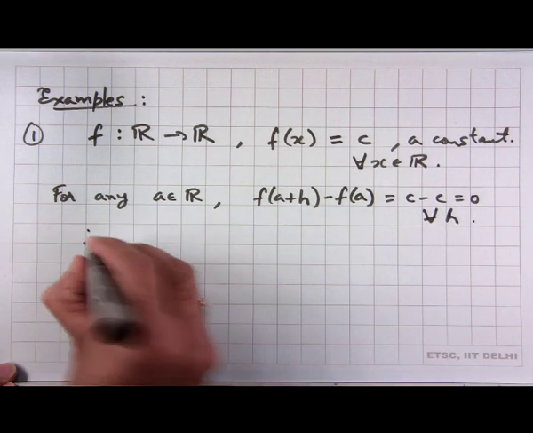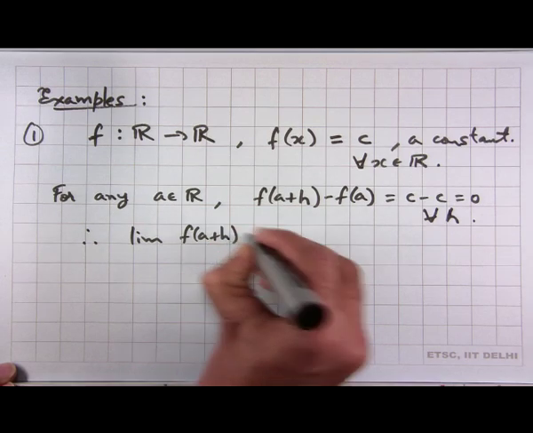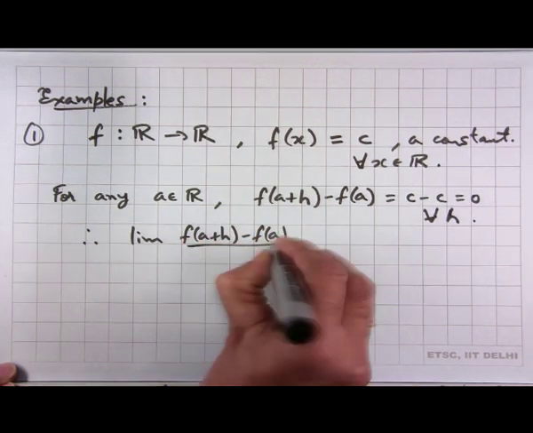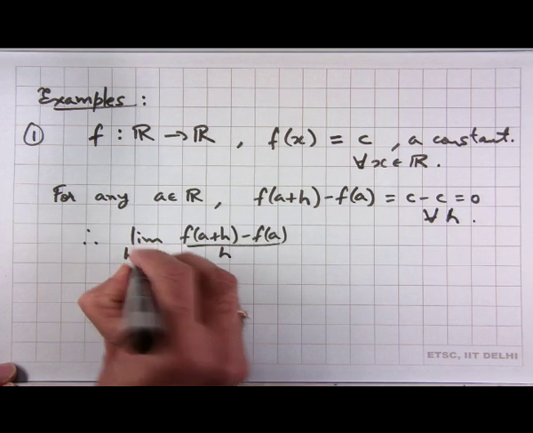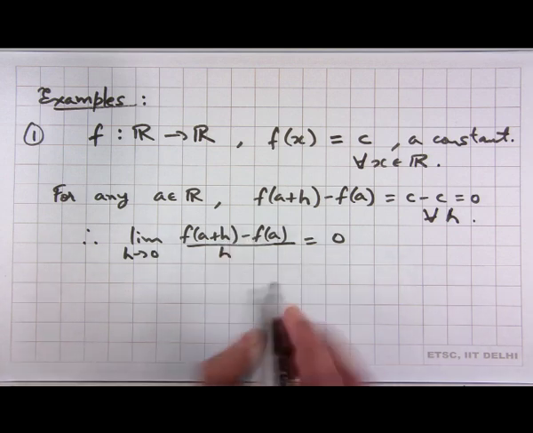Therefore, the limit of f of a plus h minus f of a by h is equal to 0, because the numerator is 0.